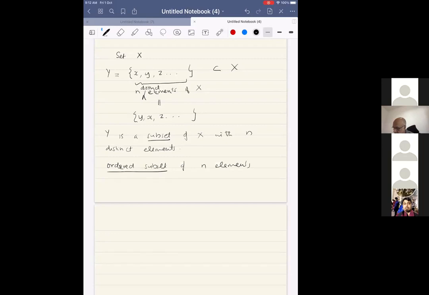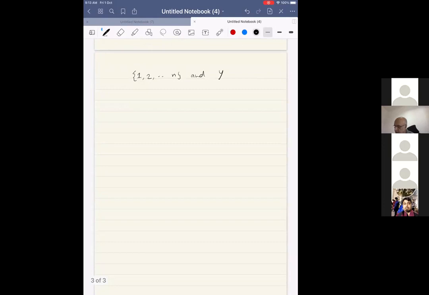This is a bijection between the set 1, 2, 3, ..., n and Y. Okay, so to get an ordered subset, if 1 goes to X, 2 goes to Z, 3 goes to Y, etc., then I will write (X, Z, Y) with the round brackets as the ordered set.